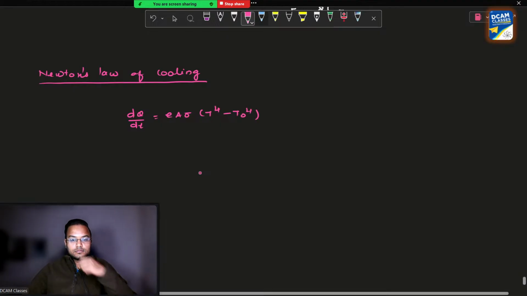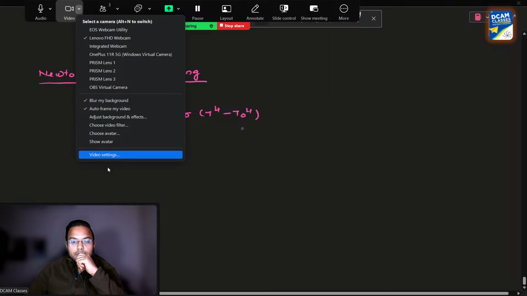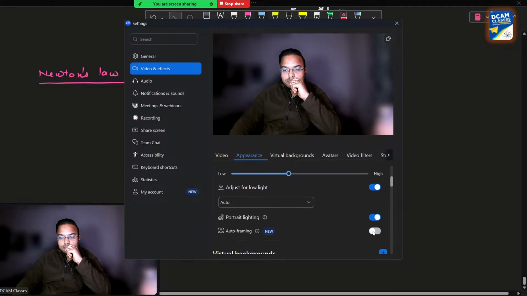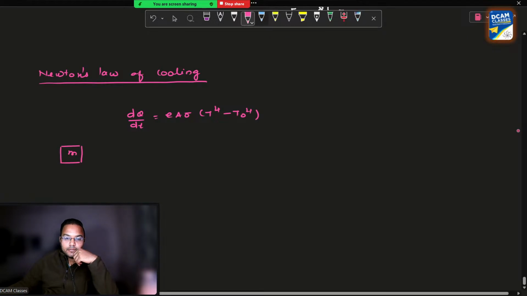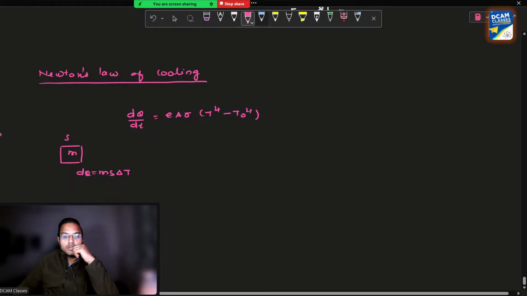Now suppose there is a mass m which is losing heat, having a specific heat S. So I can write dq is equal to ms delta T, where delta T is the temperature change over the period of time.